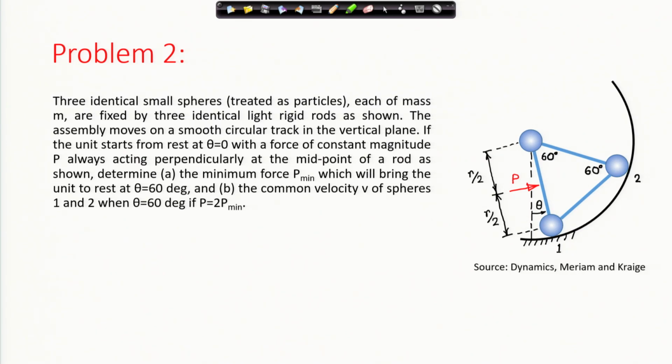If the unit starts from rest at theta equal to 0, theta is indicated in the figure, with a force of constant magnitude P, always acting perpendicularly at the midpoint of the rod as shown, determine A, the minimum force P min which will bring the unit to rest at theta equal to 60 degree, and B, the common velocities V of spheres 1 and 2 when theta is equal to 60 degree if P is 2 times that P min value we calculate in part A. This problem is from the book of Merriam and Craig.